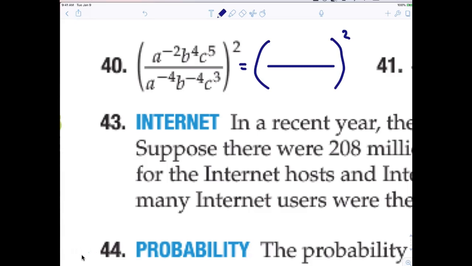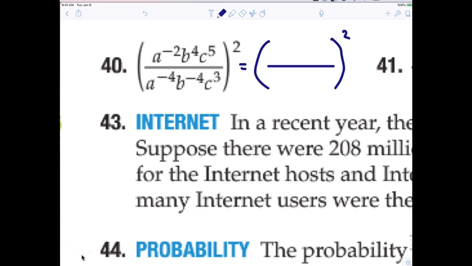It simplifies to what? A to the 2nd on top. All right, now say that again to make sure I got you. So a to the negative 4th, a to the 2nd, negative 2nd switch, and 4 minus 2 is a to the 2nd.